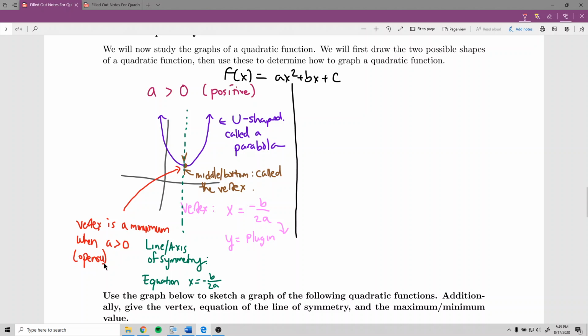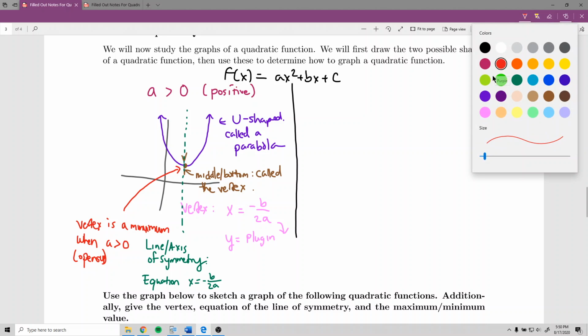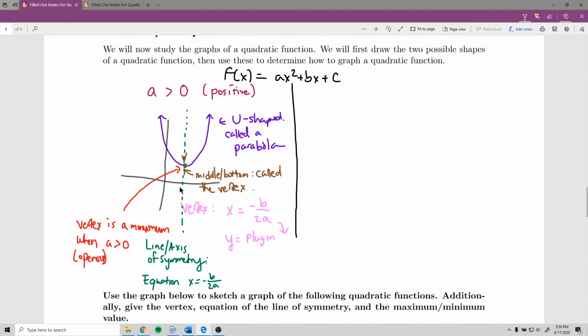There's a lot of ways to kind of help yourself remember that. If you remember, it opens up, and kind of draw it on your paper to remind you, or close your eyes. If it opens up, you know the vertex is going to be at the bottom. The other one's going to open down, as we will see. And this is really the only place where it's opposite.